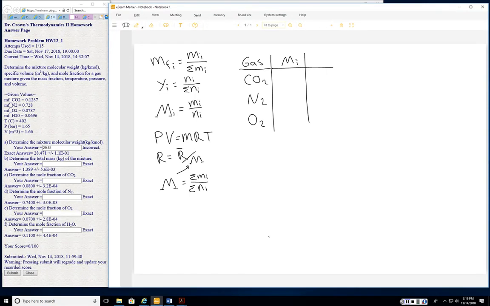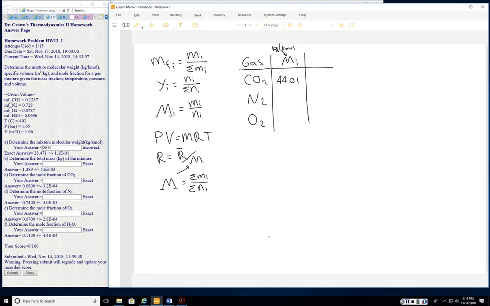So the first one we're looking for is CO2, which is carbon dioxide, which is 44.01. And the units of this could be expressed as kilogram per kilomole. Could also be pound per pound mole or gram per mole.